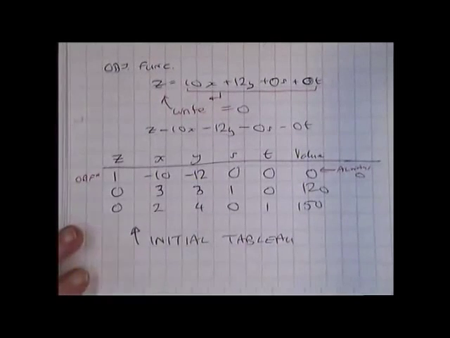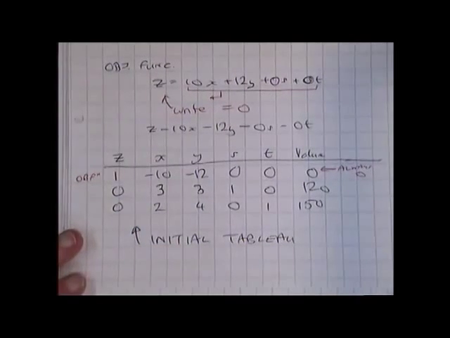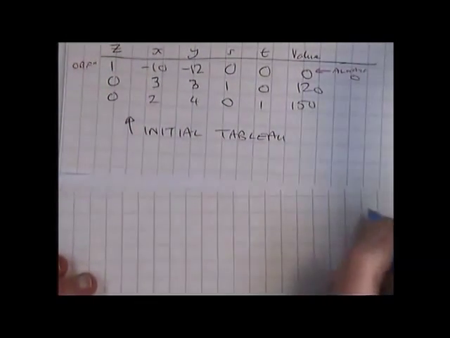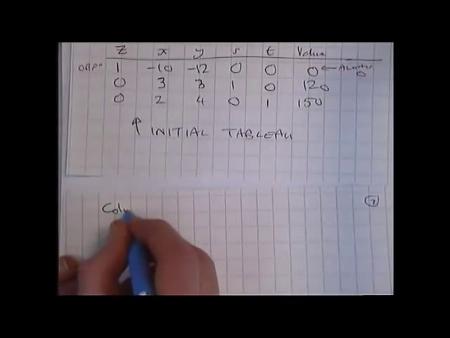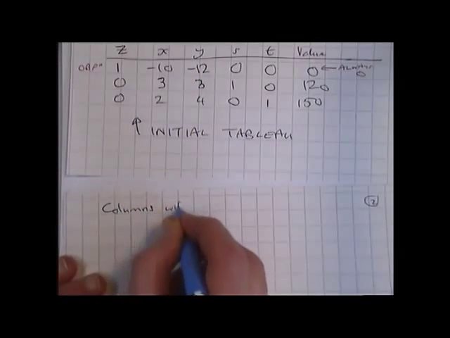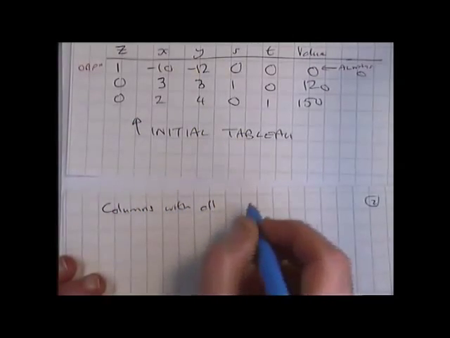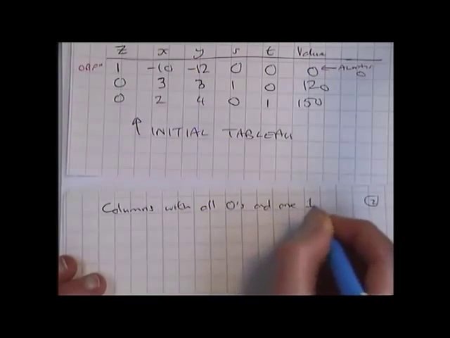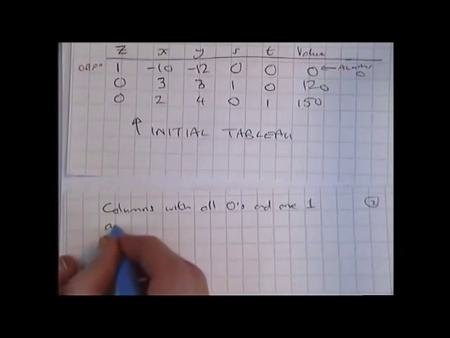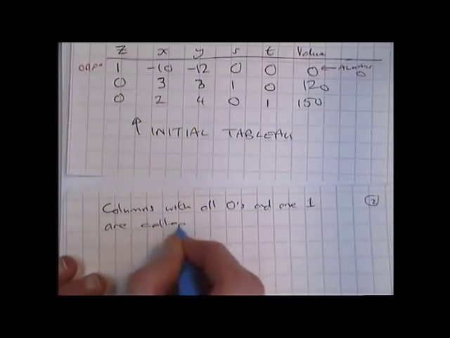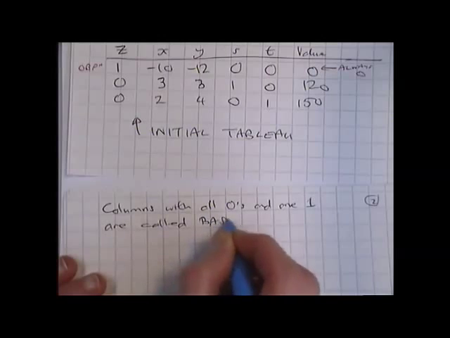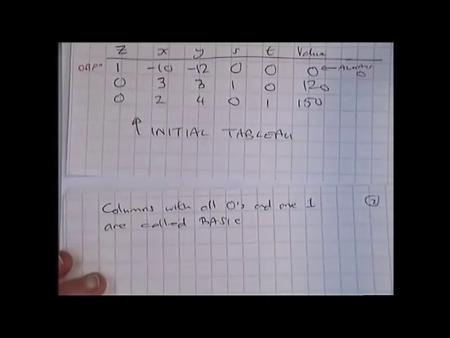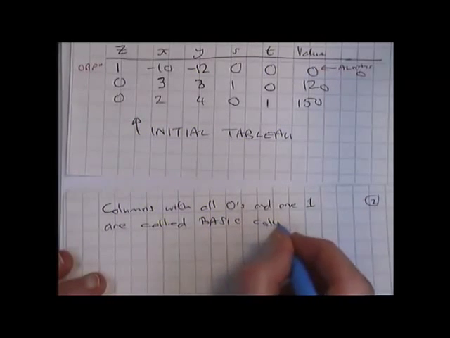The columns which have just got 0s and 1, 1 in them, they have a special name. Okay? So can we write down that the columns with all 0s and 1, 1 are called basic columns, or sometimes they're called basic variables.